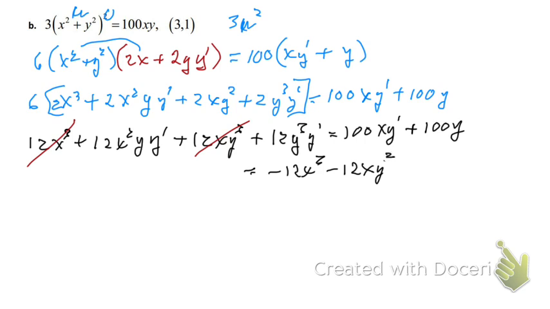So that's moved over. And then I've got to move this 100xy prime over to this side. So that's going to be minus 100xy prime. That cancels this out. Over here I've still got 100y.